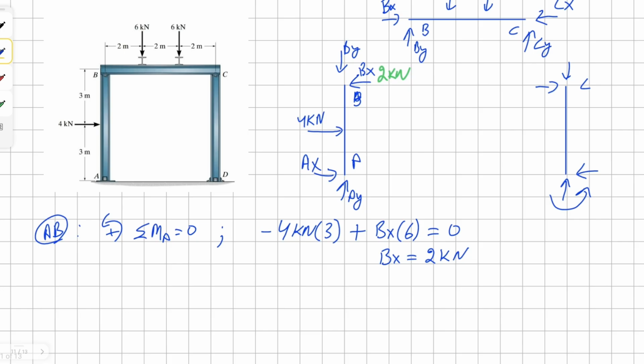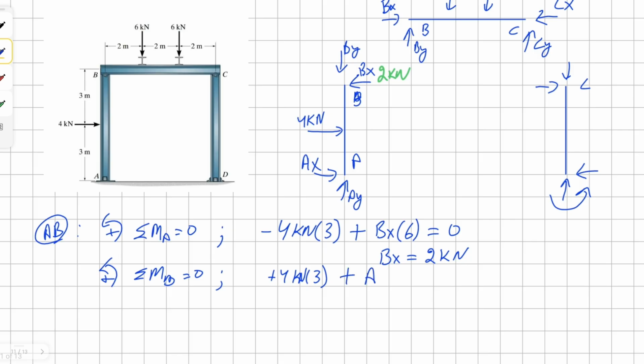We can solve for our member Ax, or horizontal component, at point A as well. So let's take a moment about point B. The point load 4 kilonewton this time was working counterclockwise, therefore it's positive, and it's 3 meters away.